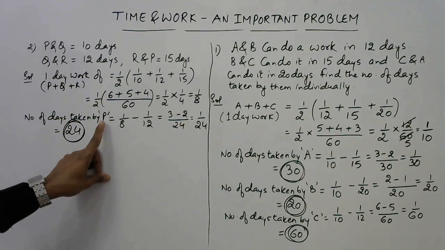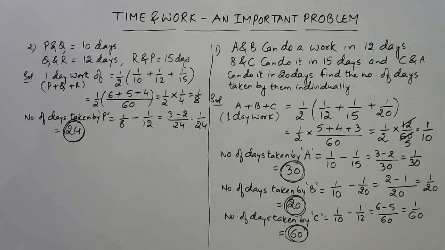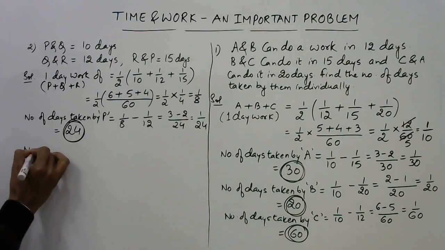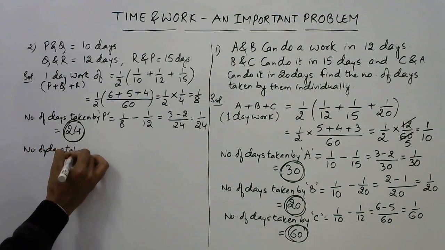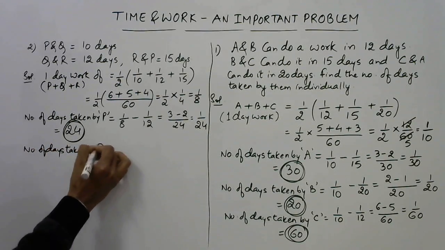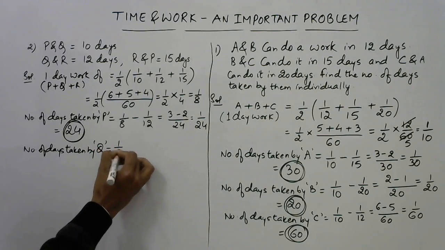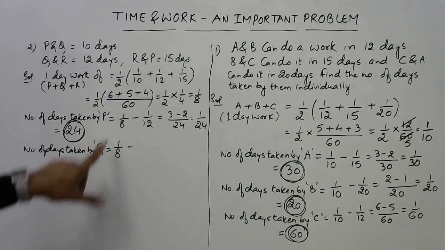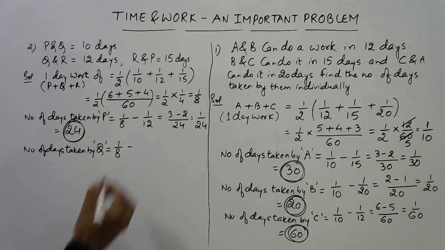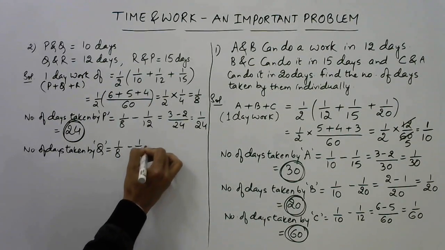Likewise, you can solve the number of days taken by Q and R. Let's find the number of days taken by Q. What is the total? 1 by 8. And now take the pair which does not contain Q, that is R and P. This is 15. So we have to subtract 1 by 15 from this.